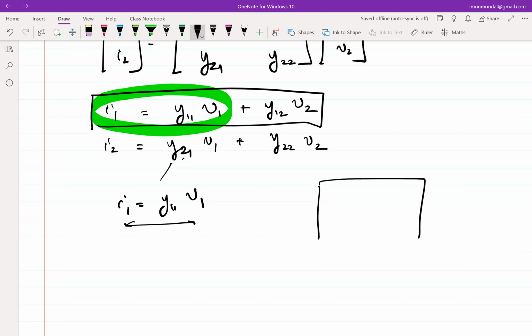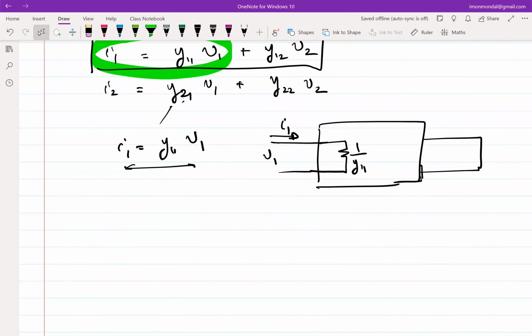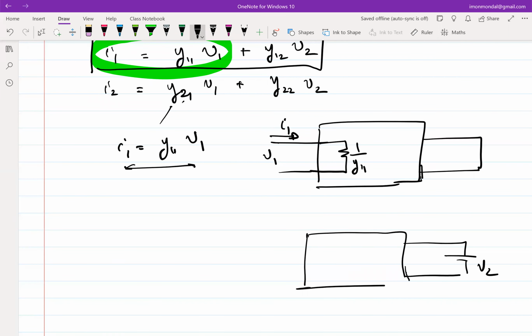So essentially, if I observe the port V1 and I observe the current I1, and I incrementally short the port V2, the current that I will see will behave like it's going into a resistor of value 1 by Y11. This is incrementally shorted, right? So in a real sense, in a total sense, I have a V2 and I have a V1.